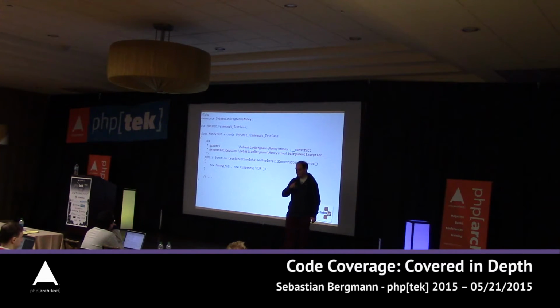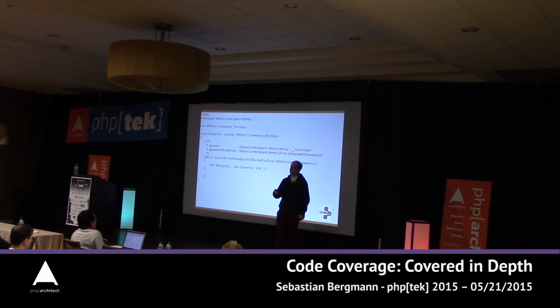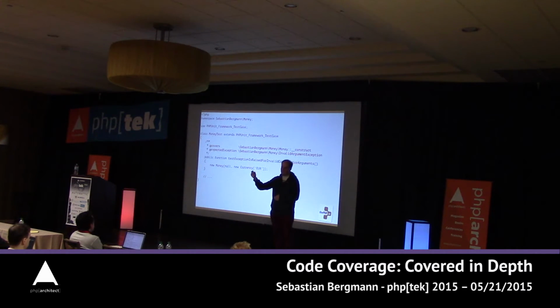Sometimes comes really handy. A really powerful annotation is the covers annotation that you can put onto your test methods. This tells PHPUnit that for this particular test, you are only interested in code coverage of a specific method or multiple specific methods or of a specific class or other units of code.